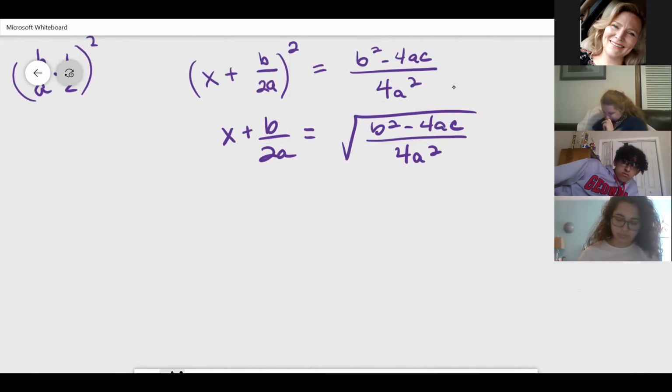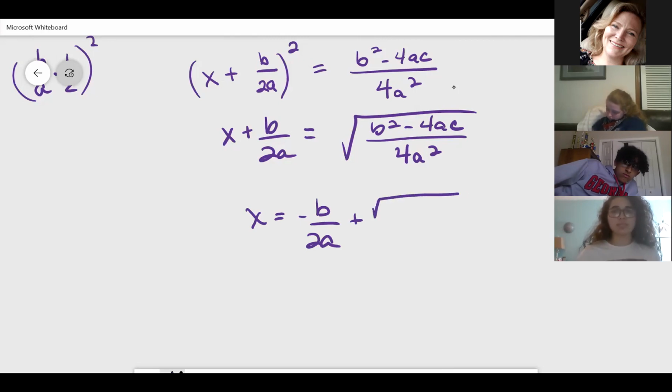So let's move this to the other side now so that I get x equals negative b over 2a, plus, I'm going to go ahead and take the square root of the bottom so that only the top will be left up here with the radical sign still there.